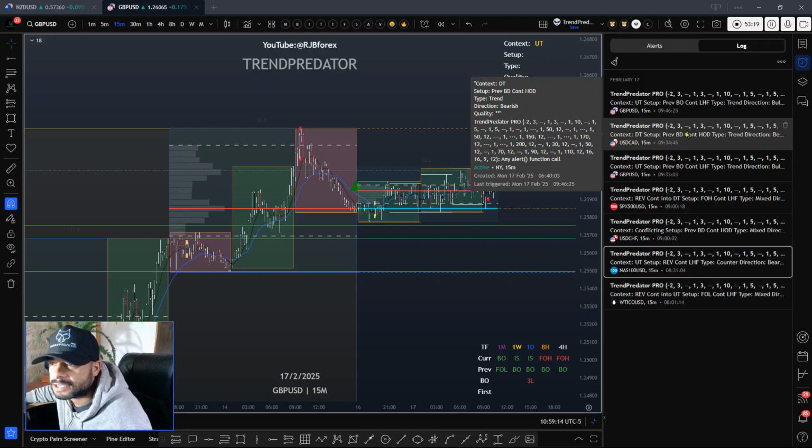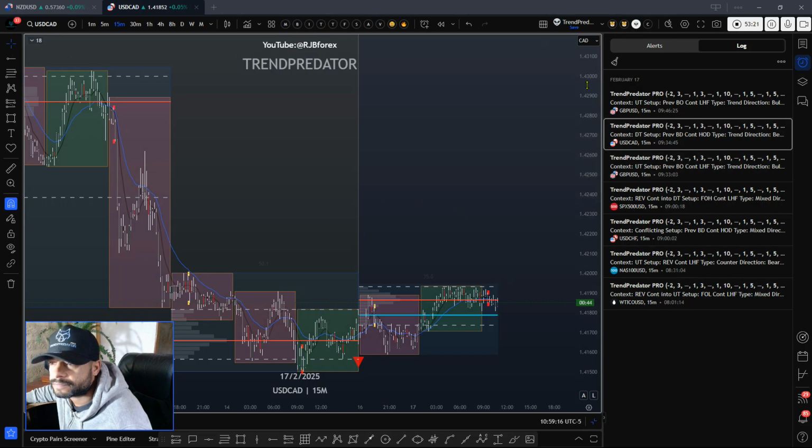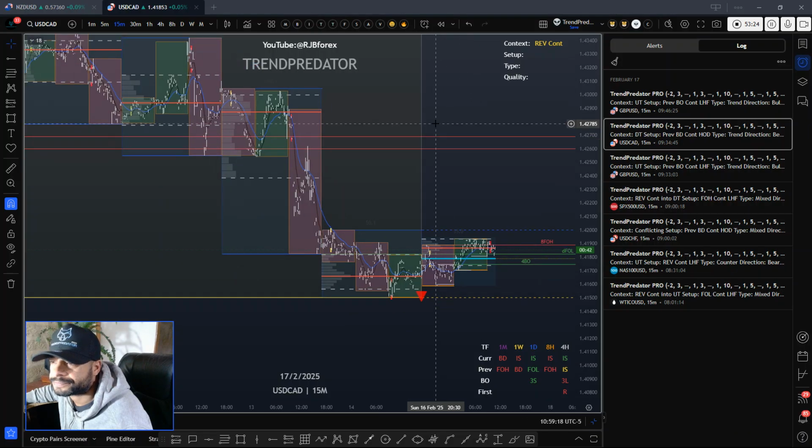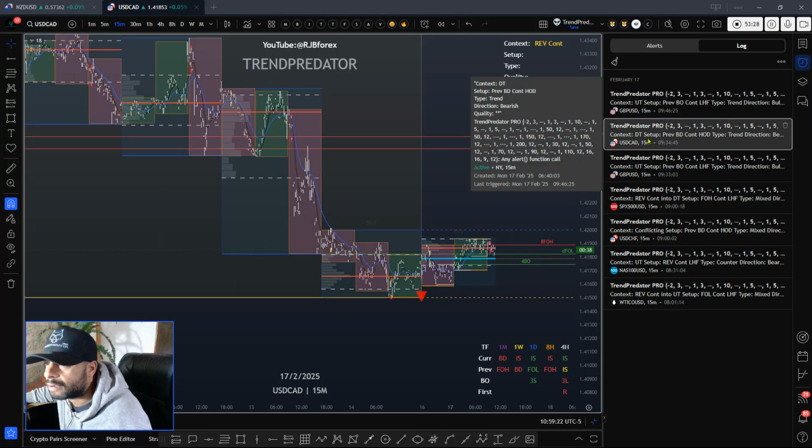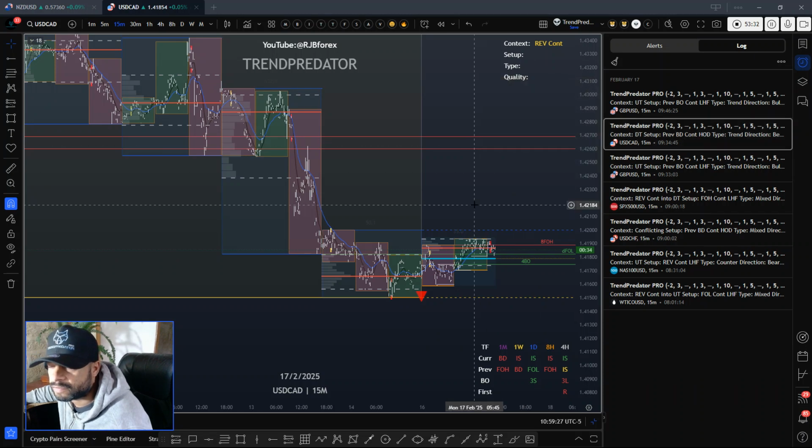Let's look at dollar CAD instead for the moment. Downtrend setup, previous breakdown continuation from the high of the day. So there's the breakdown.